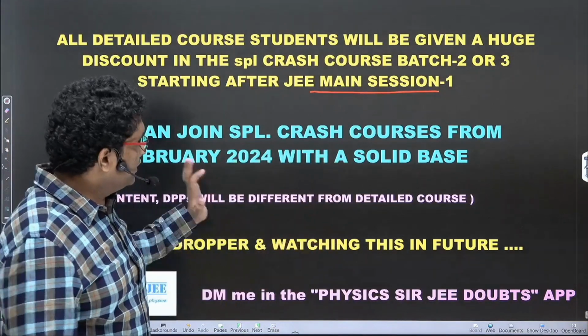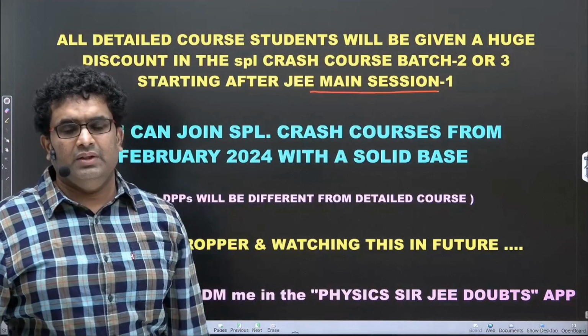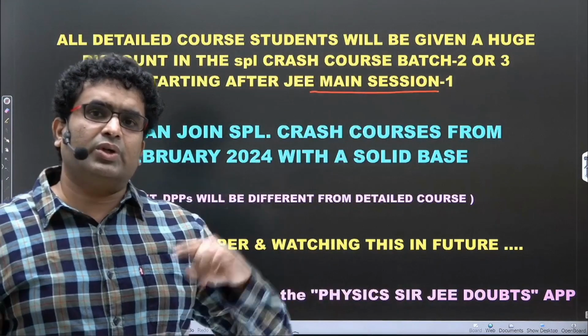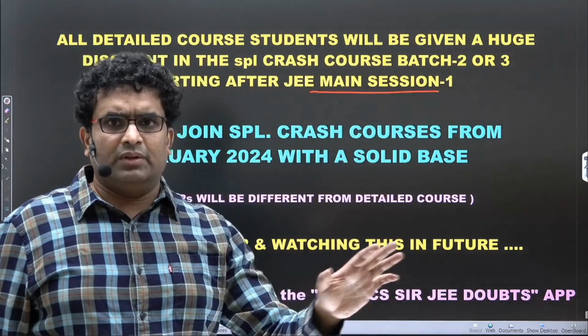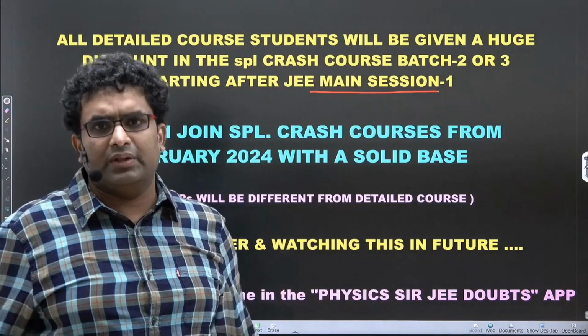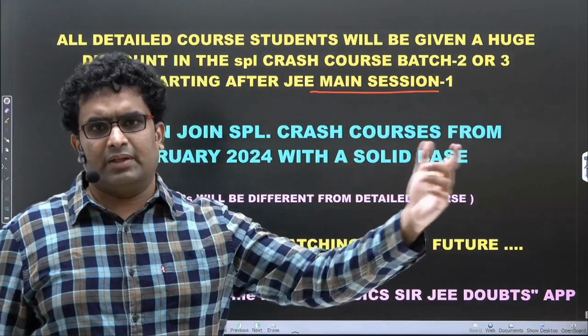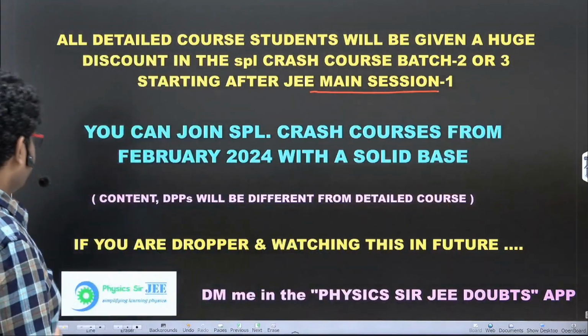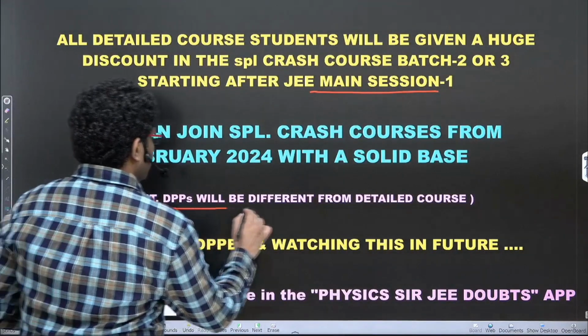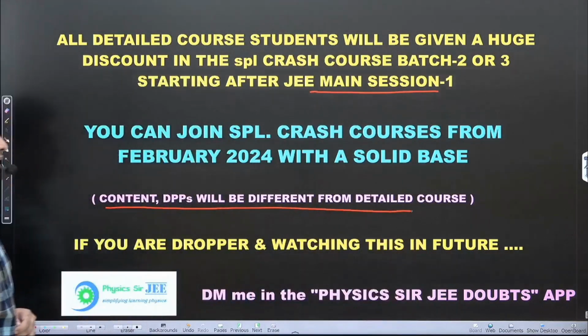So if you want that, you can, but otherwise, if you are in batch 1 and you are joining a crash course anytime, I'll be able to give you a discount on that. If you're a new student, you will be purchasing it at that particular time's price. Okay, right. So content and DPPs will be completely different from the detailed course in case of a crash course whenever I'm launching it.